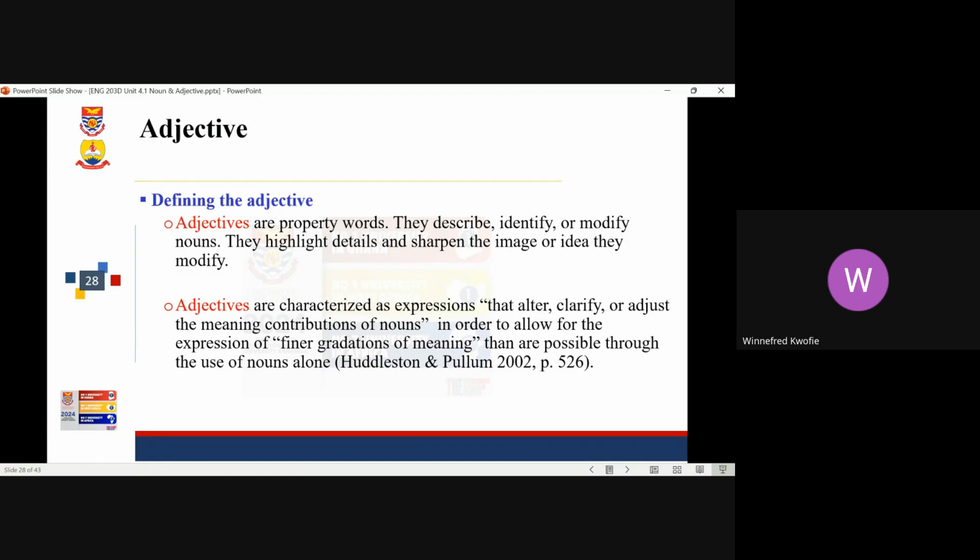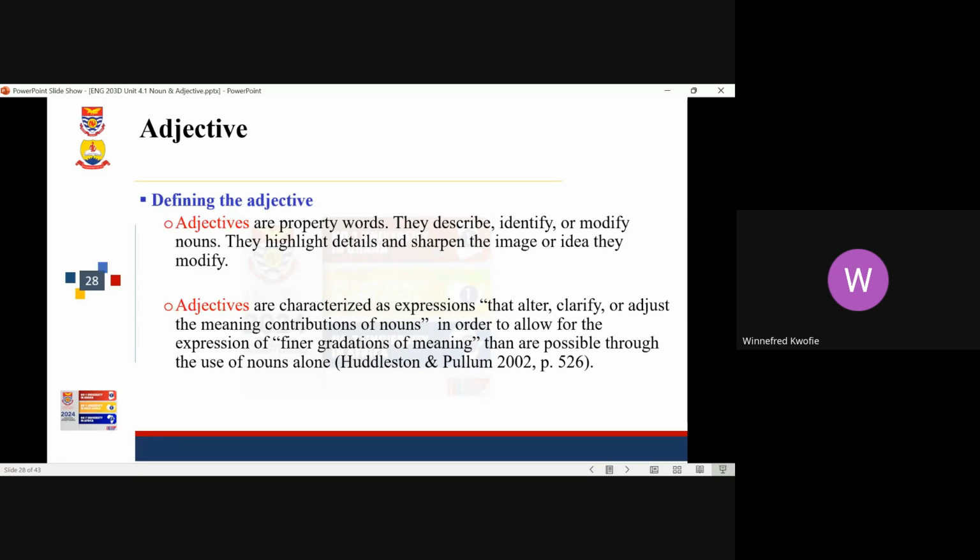Henderson and Fulham 2002 defined what an adjective is. They look at an adjective as an expression that alters, clarifies, or adjusts the meaning contributions of nouns. They clarify the meaning contributions of nouns.